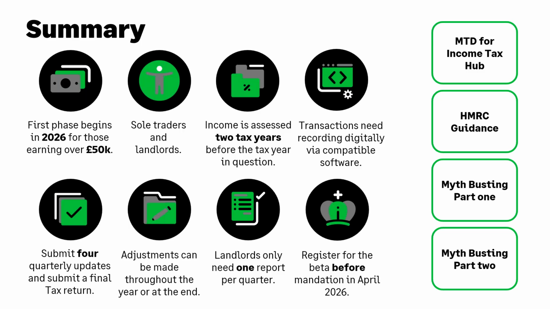You will submit 4 quarterly updates and a final tax return. Adjustments can be made throughout the year or at year end. Landlords need 1 report per quarter, no matter how many properties. You can register for the beta ahead of mandation in April 2026.